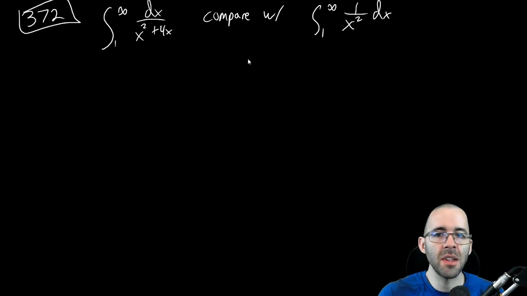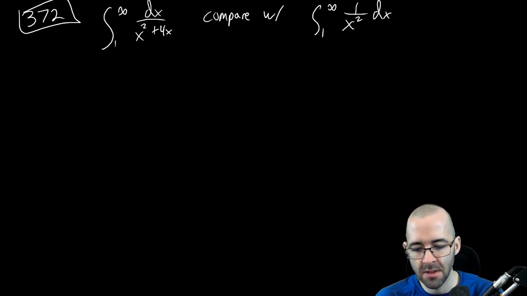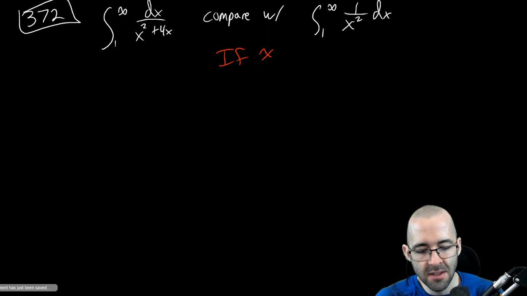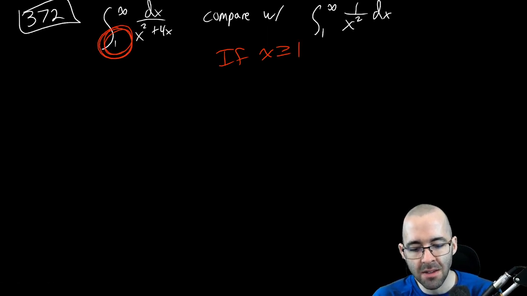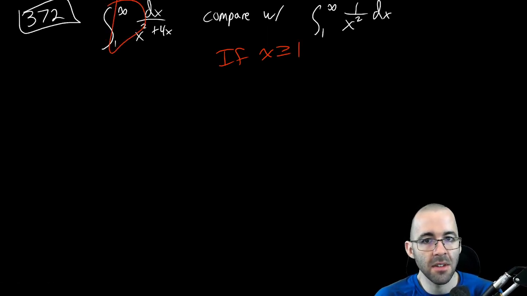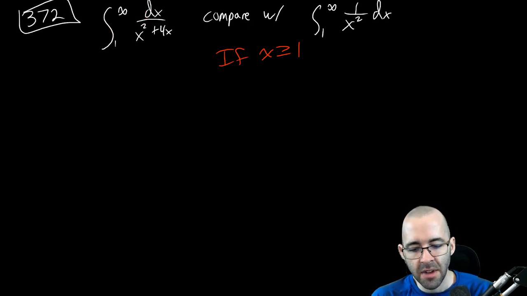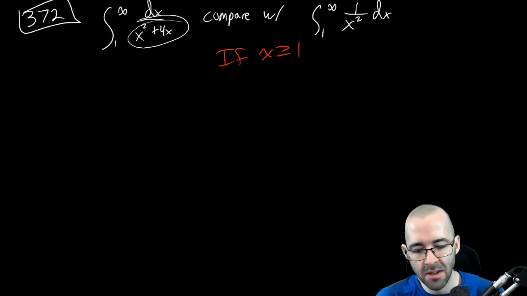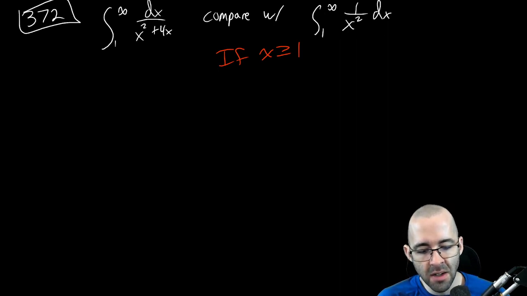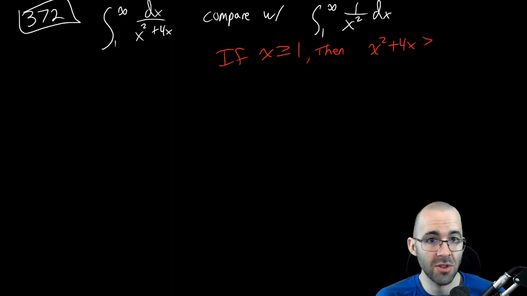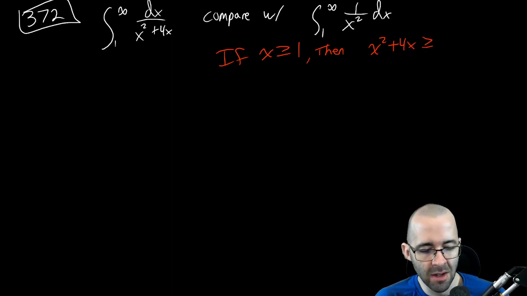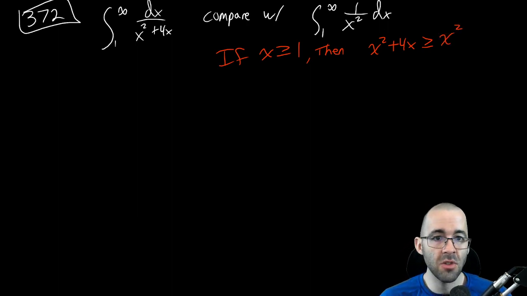All right, what's the relationship between these two functions? If x is greater than or equal to 1, and we know it is, because x is on this interval, what happens to our denominator? Well, if x is at least 1, then x squared plus 4x is bigger than, strictly bigger than in this case, but we can write bigger than or equal to if we want. This is true, right?